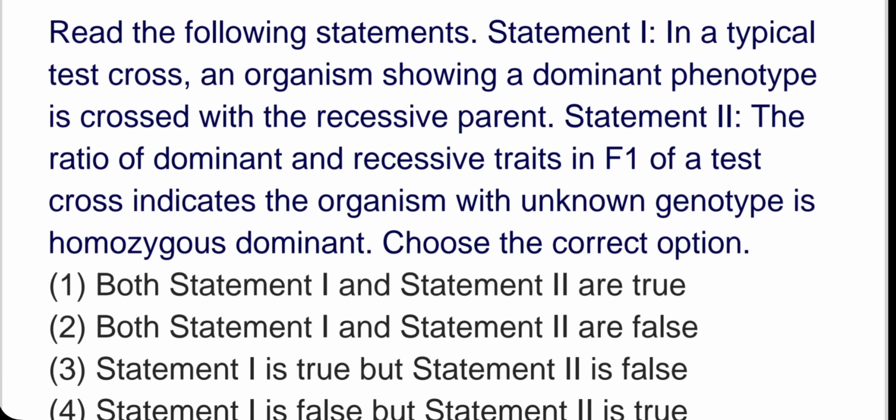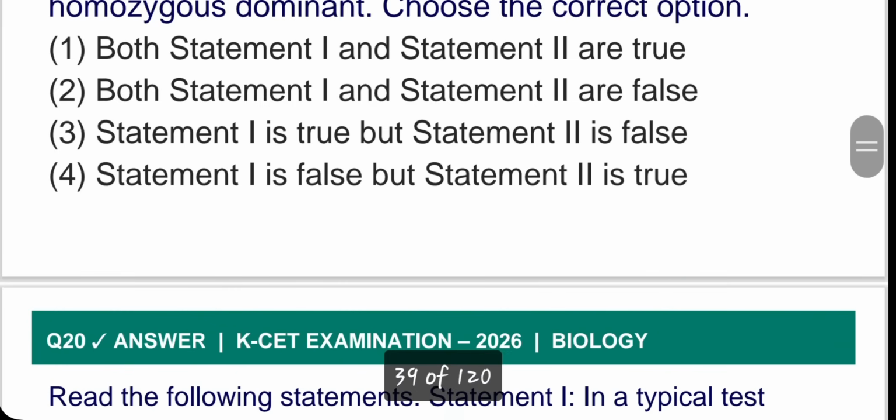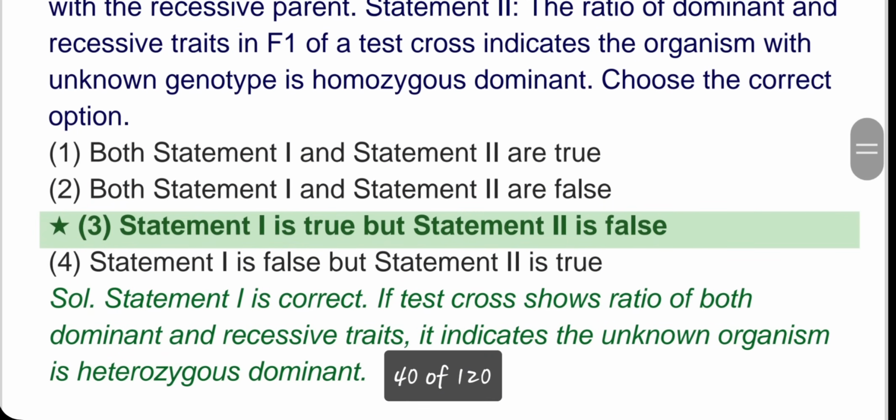Choose the correct option. Here statement 1 is true, but statement 2 is false.